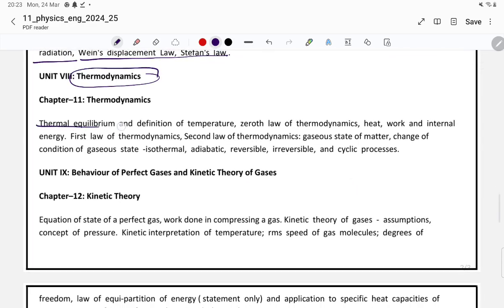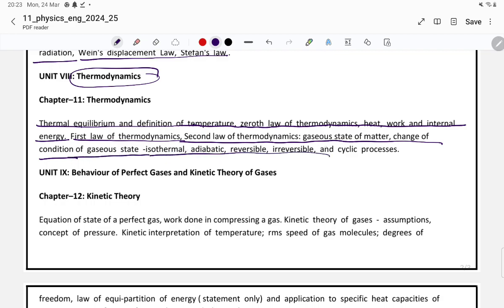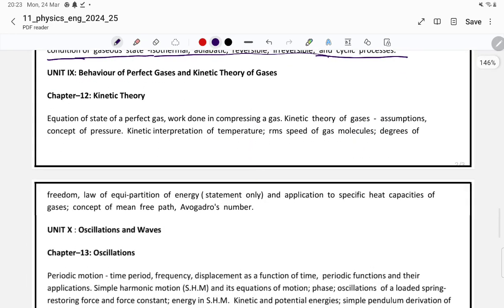Thermodynamics: thermal equilibrium and definition of temperature, zeroth law of thermodynamics, heat, work and internal energy, first law of thermodynamics, second law of thermodynamics, gaseous state of matter, change of condition of gaseous state, isothermal, adiabatic, reversible, irreversible, cyclic processes.